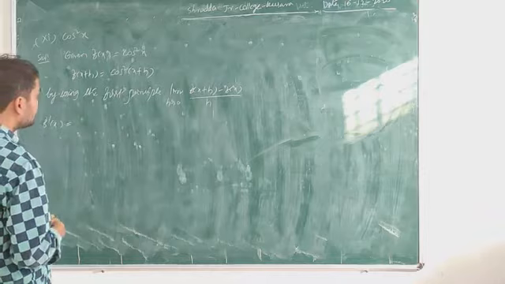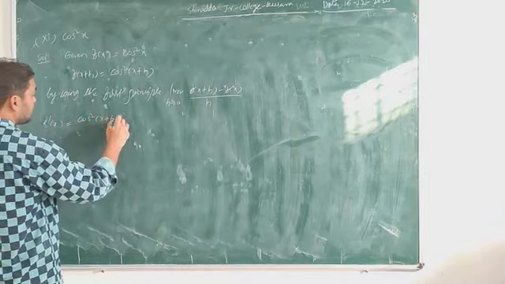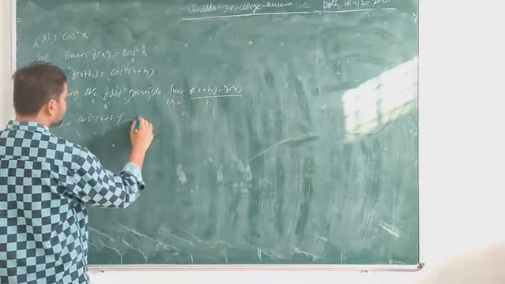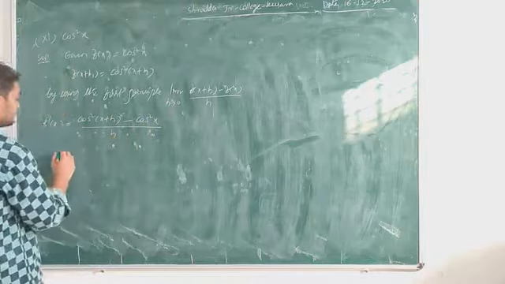Now f'(x) equals, what is f(x+h)? Cos square (x+h) minus, what is f(x)? Cos square x, by h.